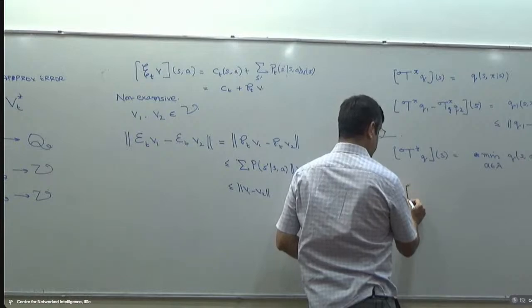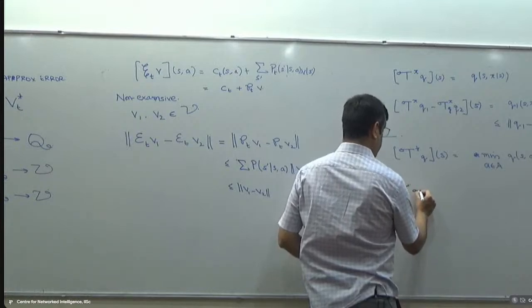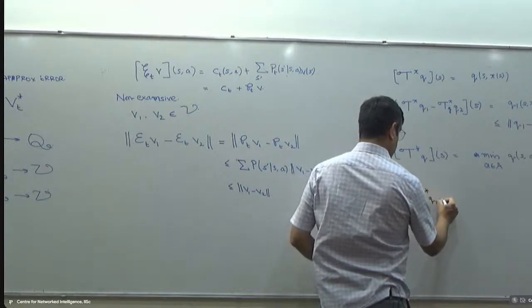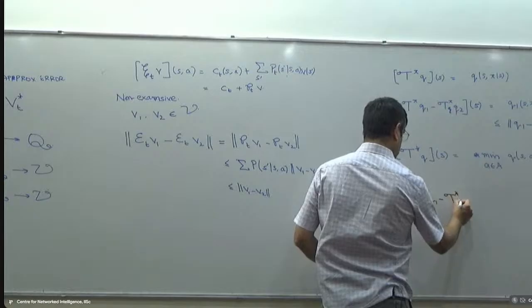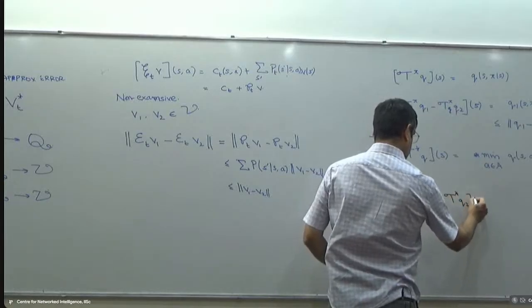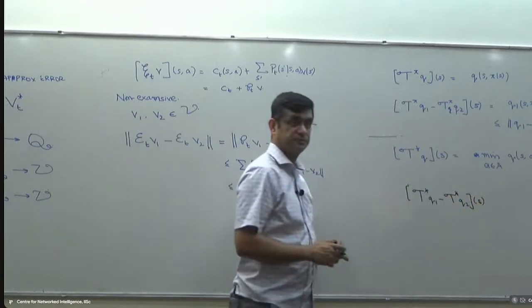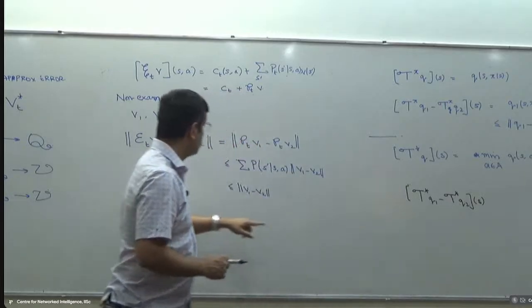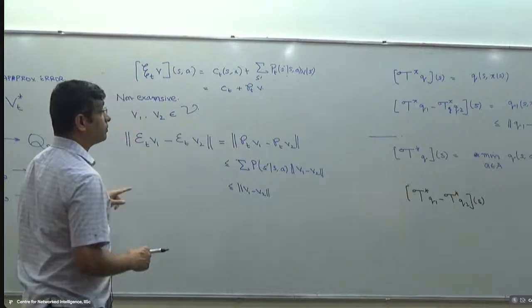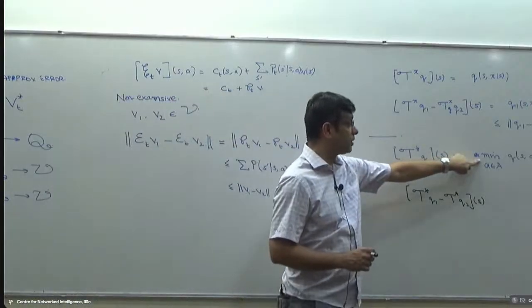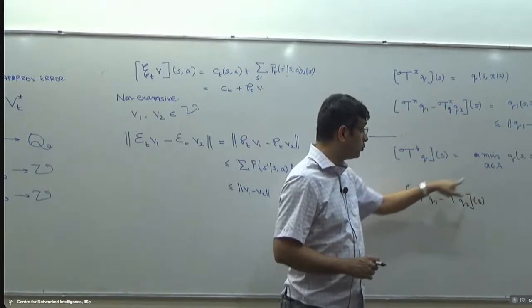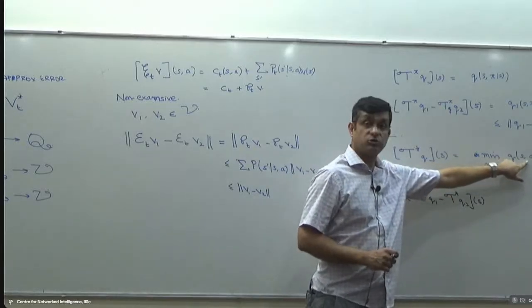So let's look at T star of Q1 minus T star of Q2 evaluated at S. Okay. What I will get is I'll have to solve an optimization problem to find what's the best action corresponding to Q1 and what's the best action corresponding to Q2.